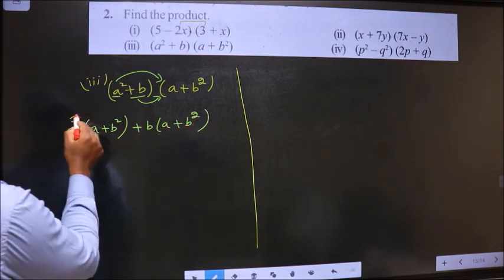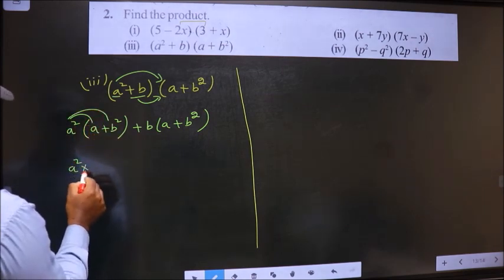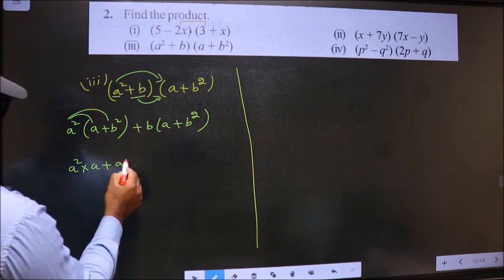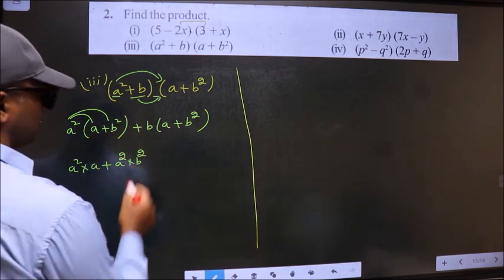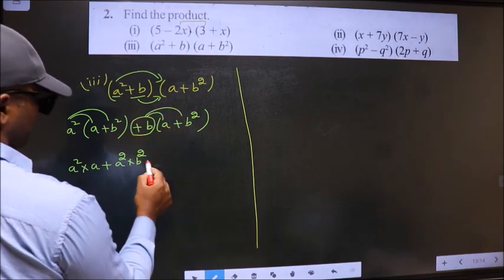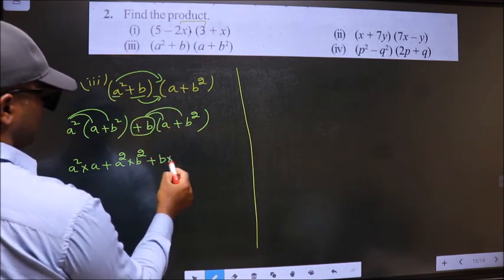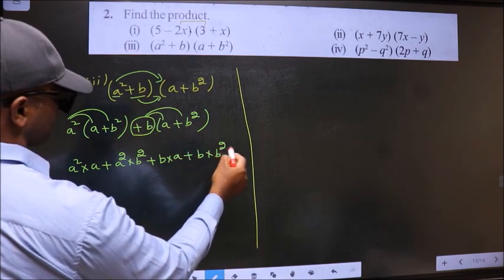Now with a square you open up the brackets, that is a square into a plus a square into b square. Now with plus b we should open up the brackets, so that is plus b into a plus b into b square.